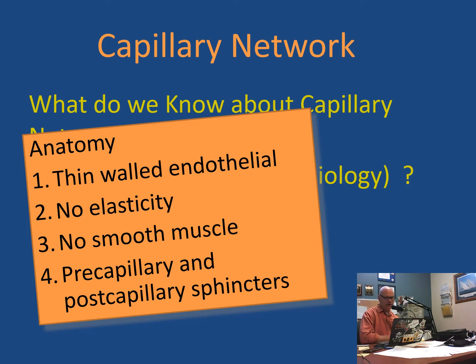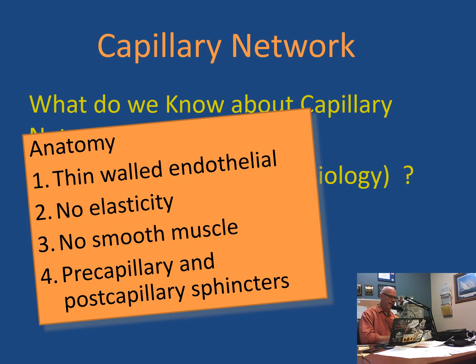This is down to a thin-walled endothelial lining. We don't have smooth muscle, so we can't vasodilate and vasoconstrict at the capillary. All right, inside the capillary network, there's none of that going on.